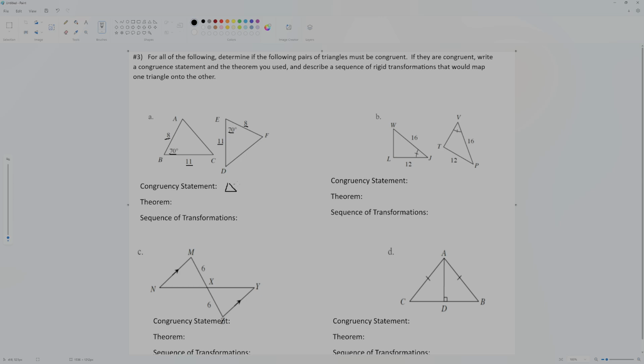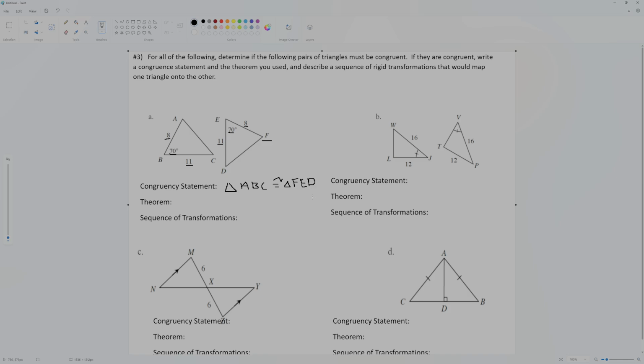We'll say triangle ABC is congruent to triangle, and we have to make sure we go in the same order. So it has to go the side without the angle in 8 to 70 degrees to the other side. So the side without the angle in 8 would be F to 70 to the other side. So this has to be F, E, D. You have to name it FED.